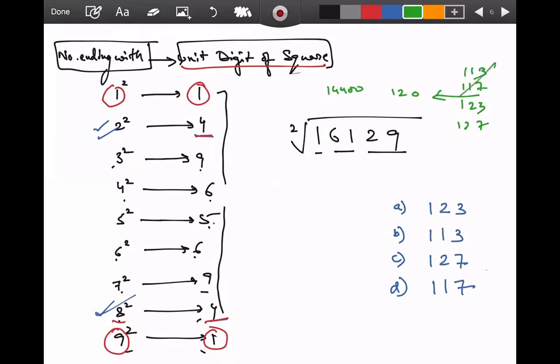So the answer cannot be these two. Now I'm left with these two options, either 125 or, just wait.